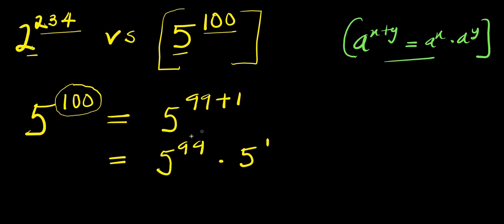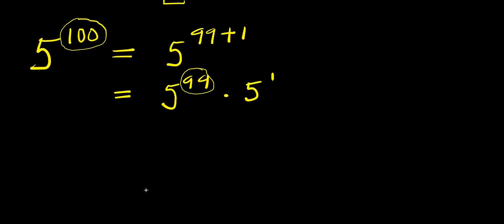From here, we also express this 99 as the product of 3 and 33. Remember, 3 times 33 is 99, so this will give us 5 to the power of 3 times 33, which is this 99 here, and this will multiply 5. Of course, 5 power 1 is 5.